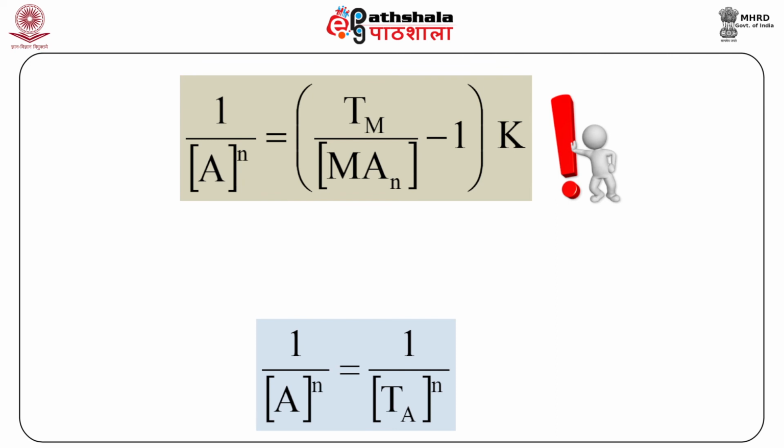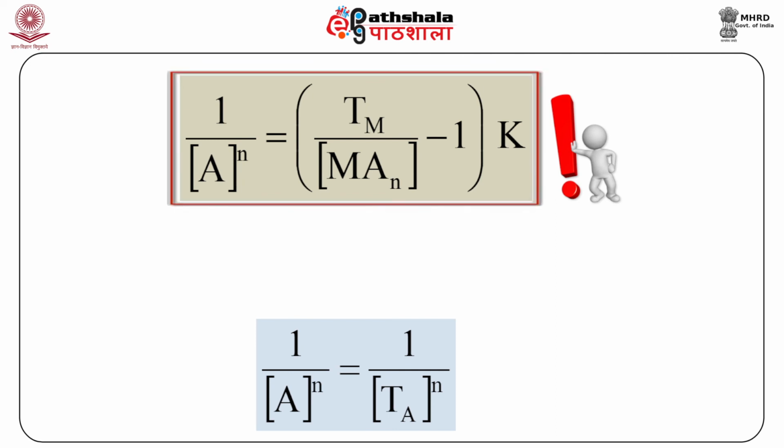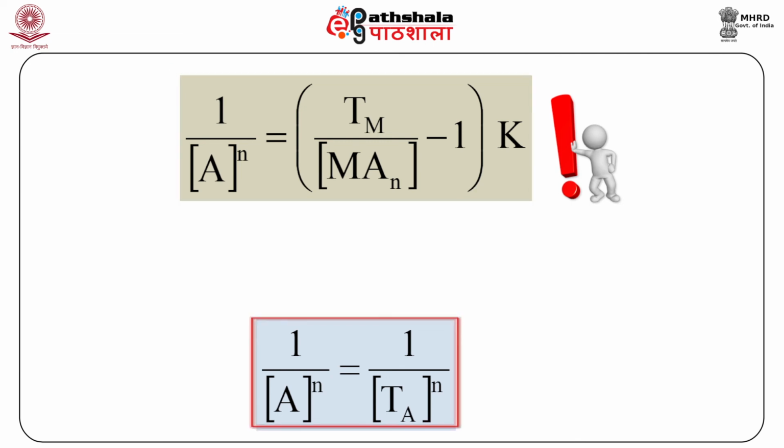If we take the concentration of A on the left hand side, this equation becomes 1 upon the concentration of A raised to the power n is equal to Tm by MAn minus 1 whole multiplied by K value. Suppose 1 upon A^n is equal to 1 upon Ta to the power n.